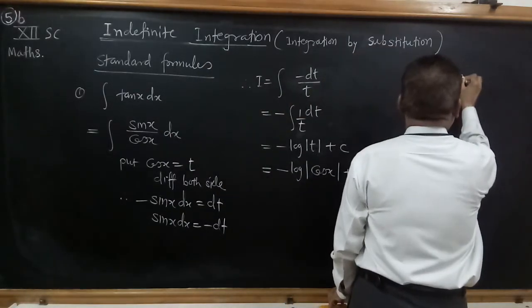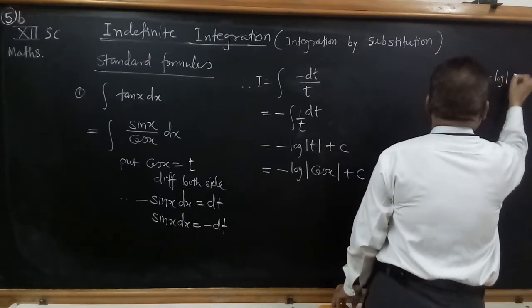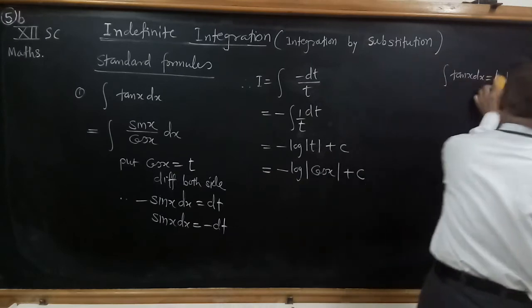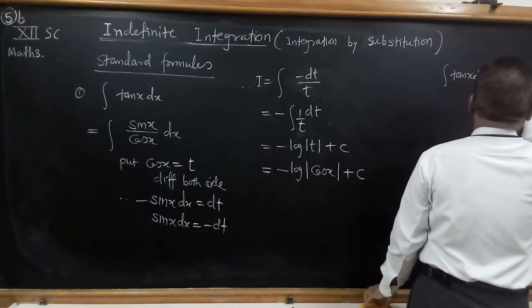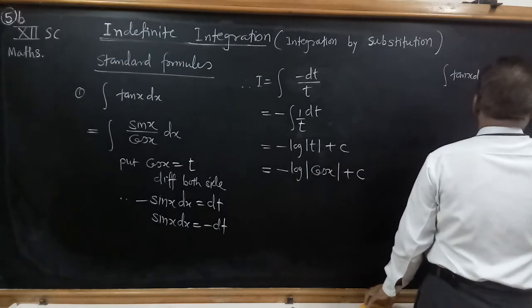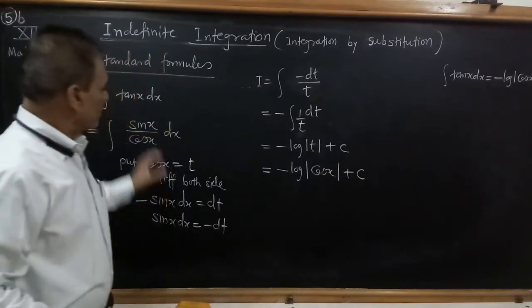Integration of tan x dx is nothing but minus log of mod of cos x plus some constant of integration c. This is one of the formulas. Got it?